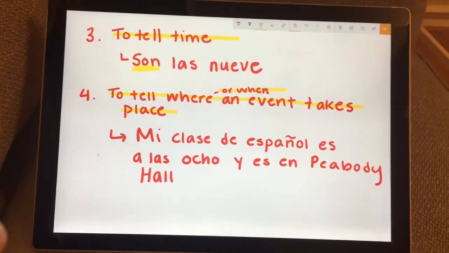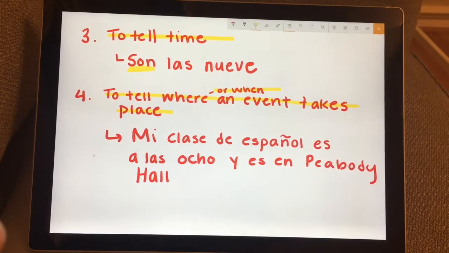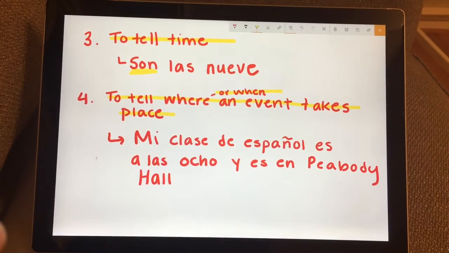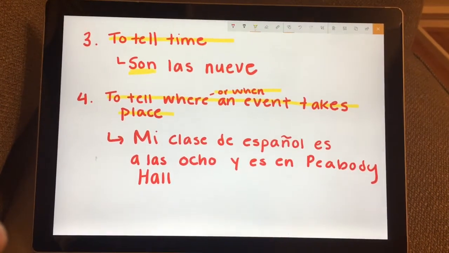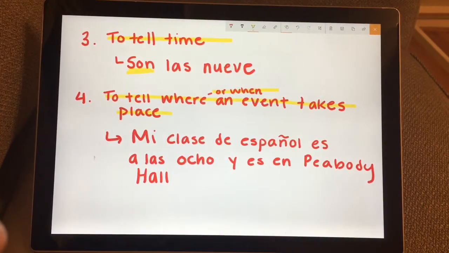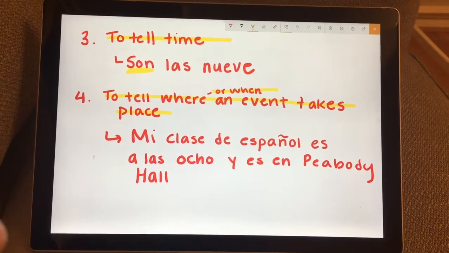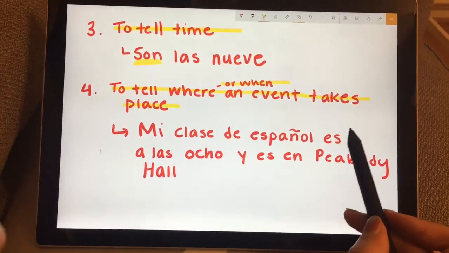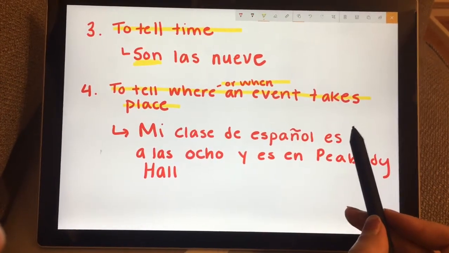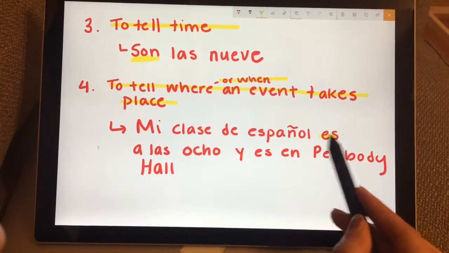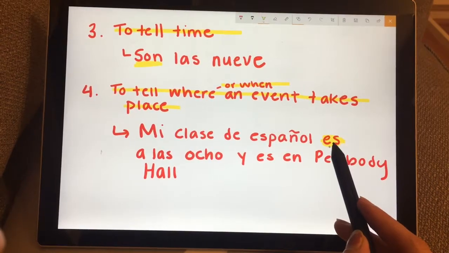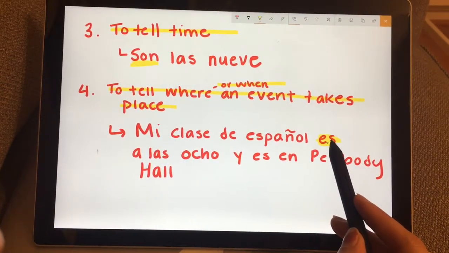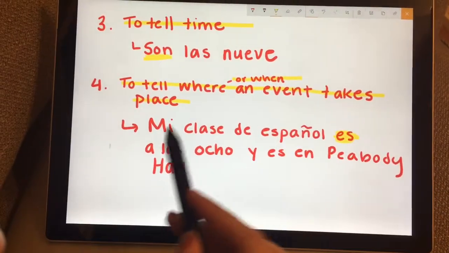Número cuatro, to tell where or when an event takes place. The example here is mi clase de español es a las 8 y es en Peabody Hall. So I'm using the verb ser 2 times. 1 time here, which describes at what time that event takes place, or when that event takes place.